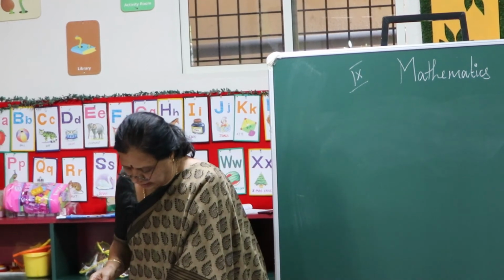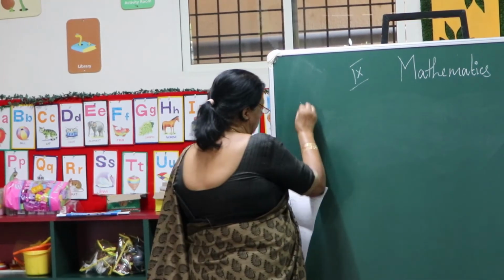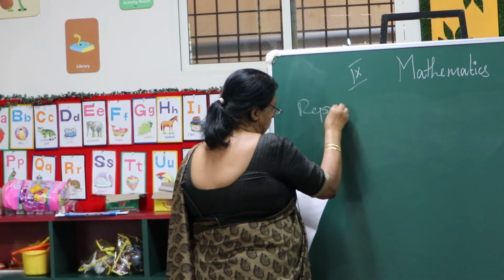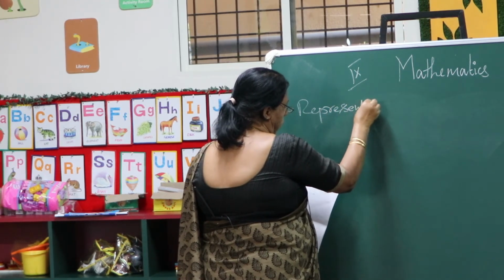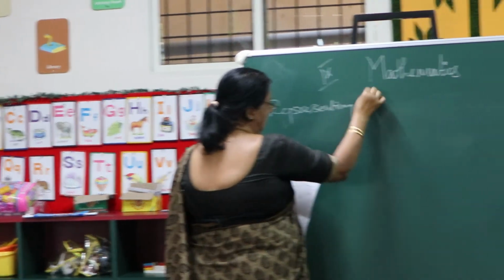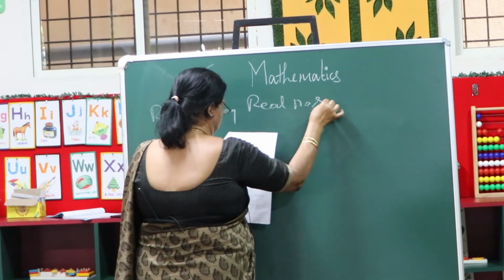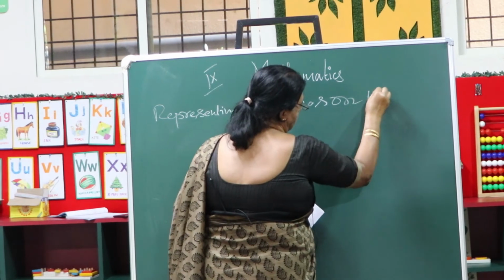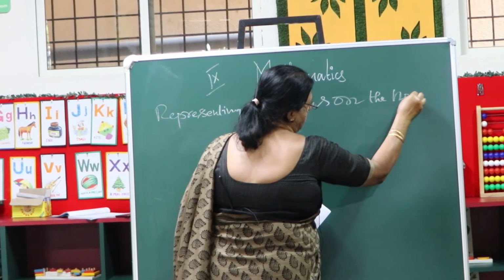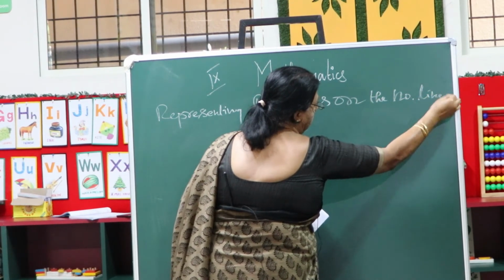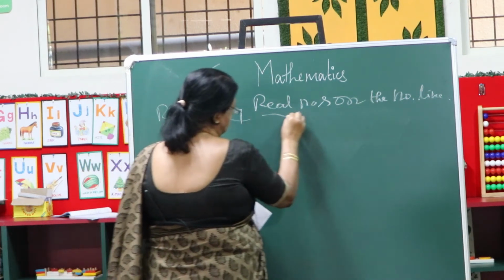Okay, so here, repeat it children along with me, representing real numbers on the number line. So this is the heading given in your textbook.